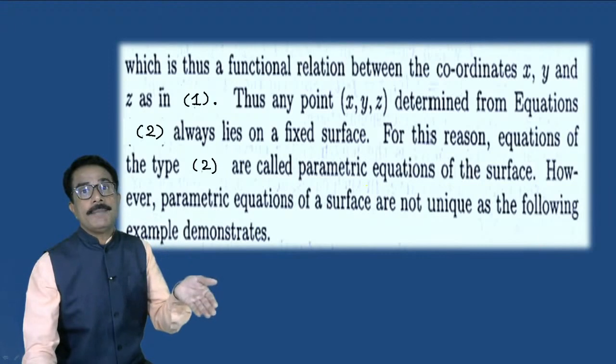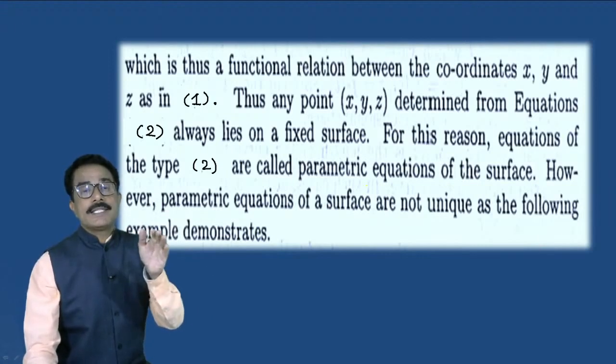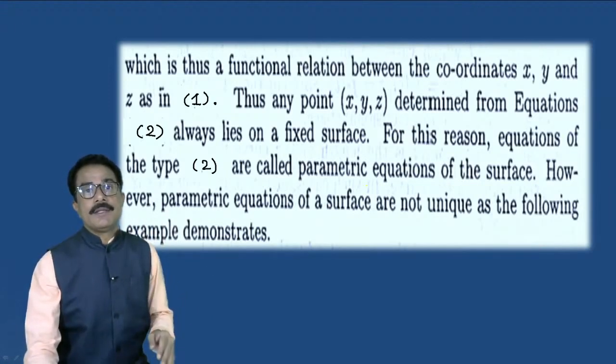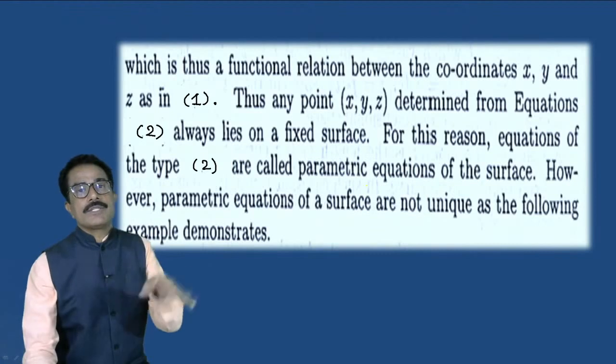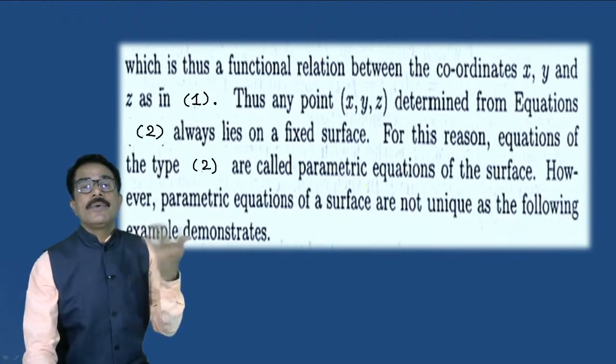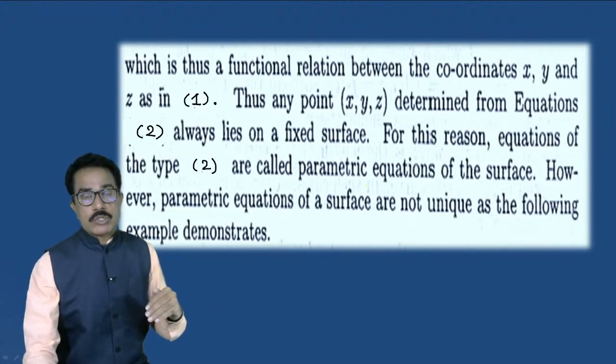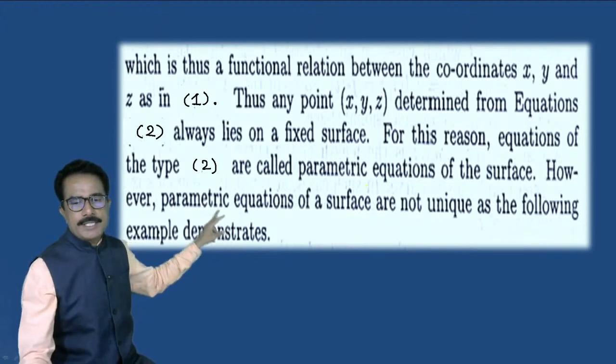You know that the standard equation of a circle is x² + y² = 1, and of a sphere is x² + y² + z² = 1. We can write it in the form of t. We can write it in the form of theta also, cos theta, sin theta.